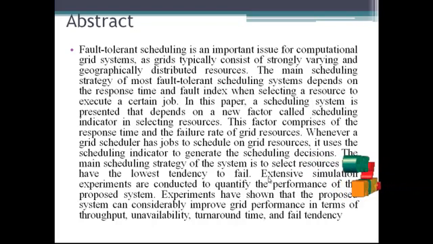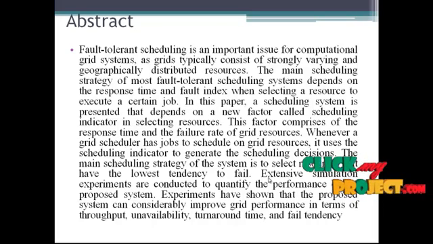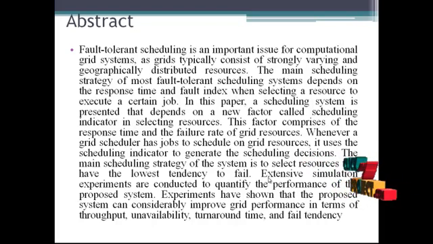The main scheduling strategy of the system is to select resources that have the lowest tendency to fail. Extensive simulation experiments are conducted to quantify the performance of the proposed system. Experiments have shown that the proposed system can improve grid performance in terms of throughput, unavailability, turnaround time, and fail tendency.